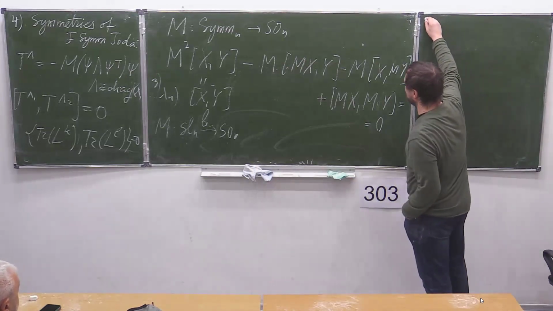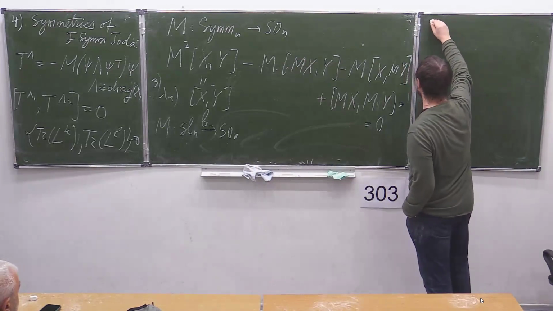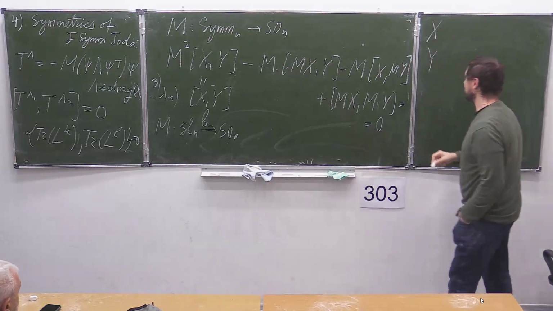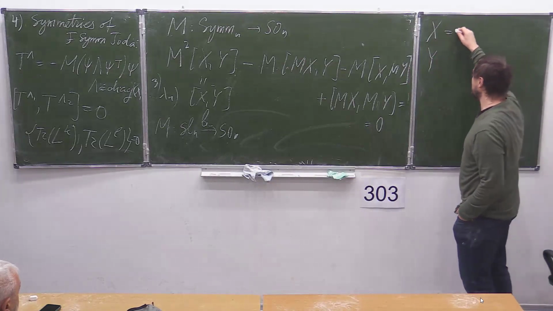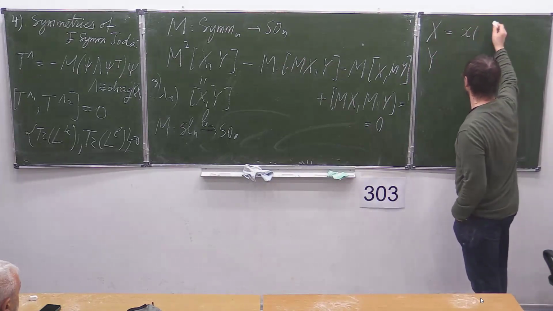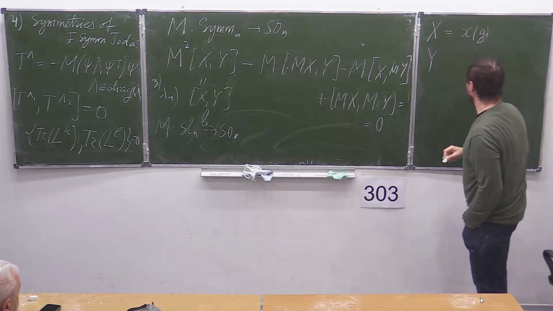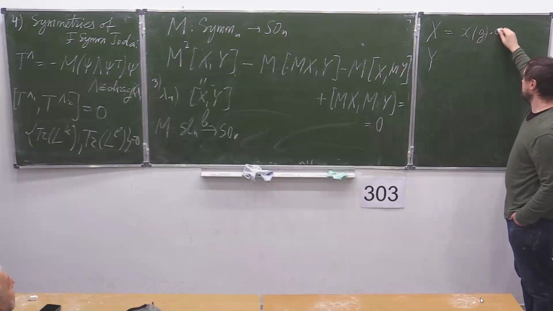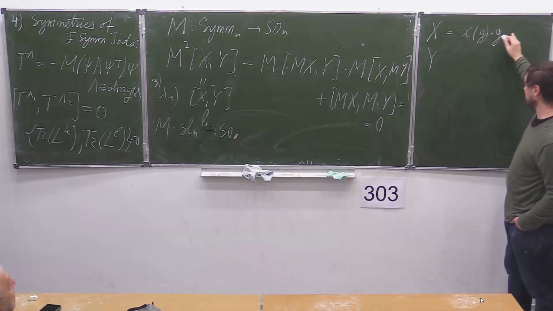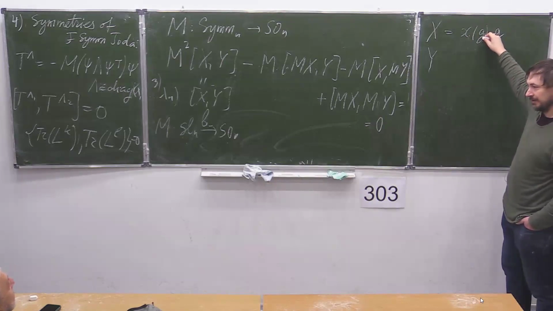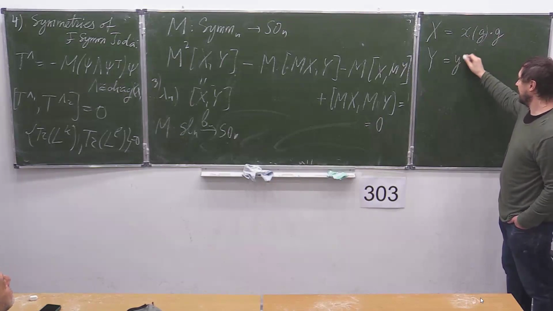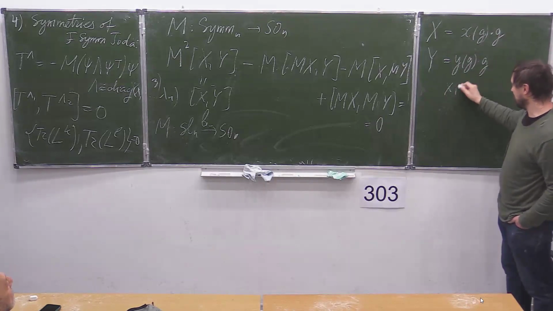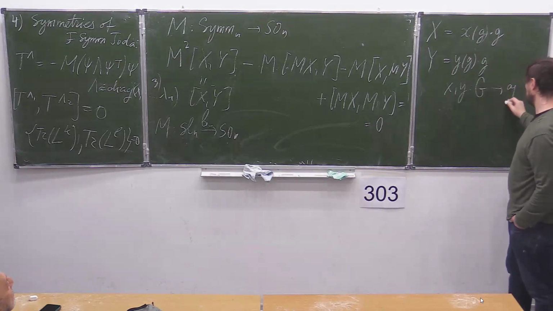Now further, the second formula is the following. Let X and Y be two vector fields on a Lie group. We can always write a vector field on a Lie group in the form of some algebra-valued function on the Lie group, which you move to the point g by right translations, and the same for Y. Every vector field can be written in this form, where small x and small y are maps from G to the Lie algebra of G, nothing else.